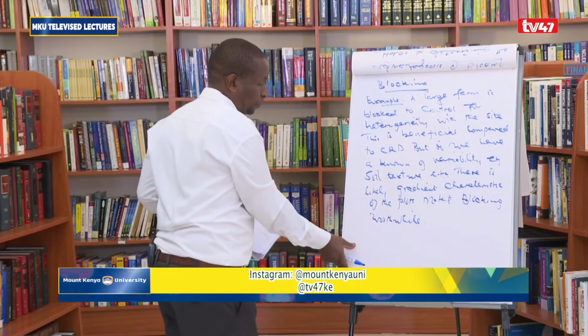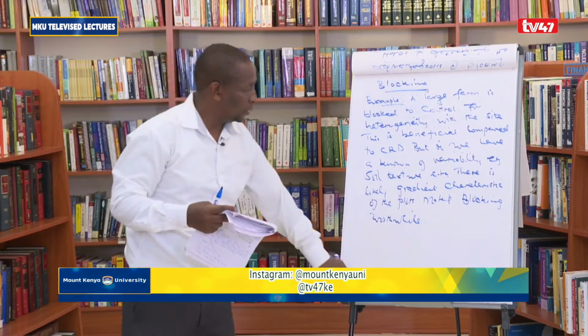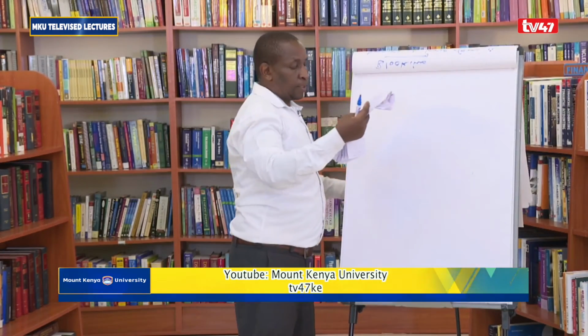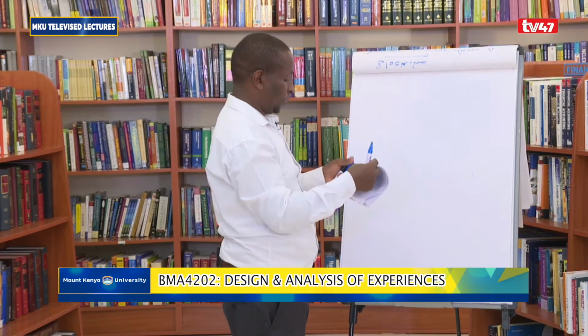Example, making blocking worthwhile. We are talking of the blocking gradient and then presence of some characteristic.